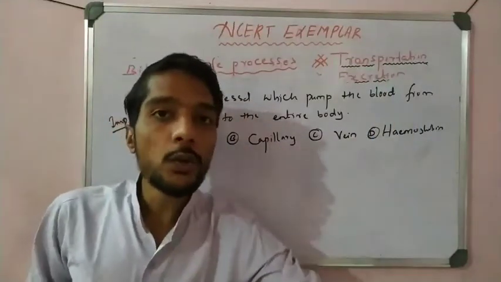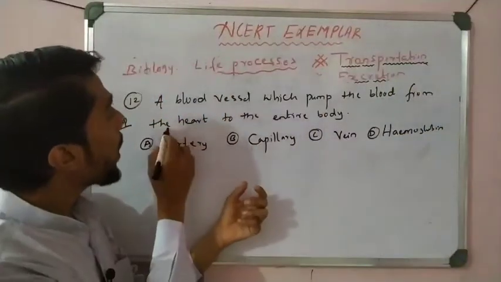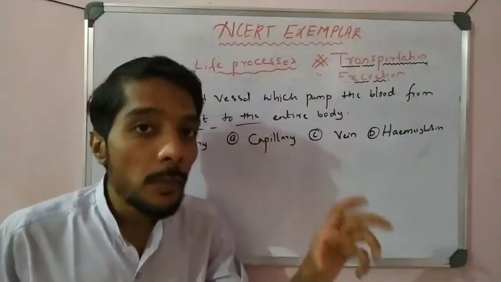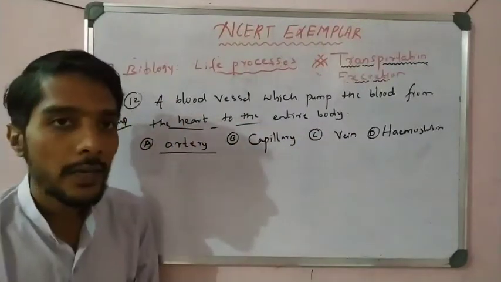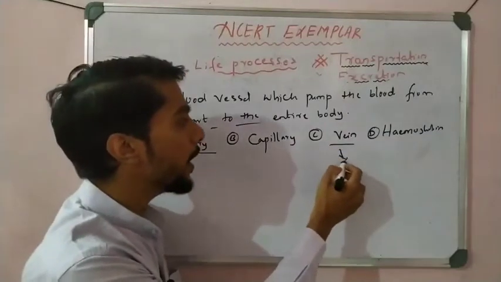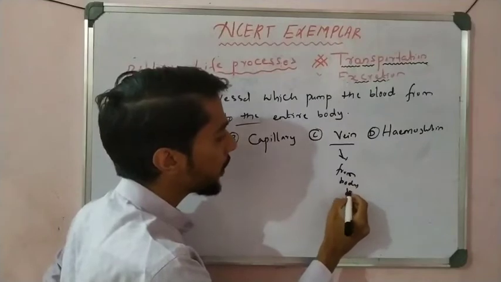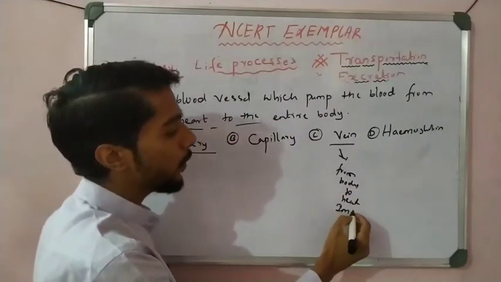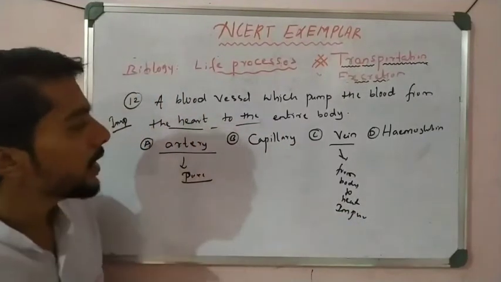From the body to the heart is deoxygenated blood. But here, from the heart to the body means it is pure blood. So pure, oxygenated blood transferred from the heart to the body is carried by artery, right? Veins carry impure blood, from the body to the heart. So what is the answer? Artery.